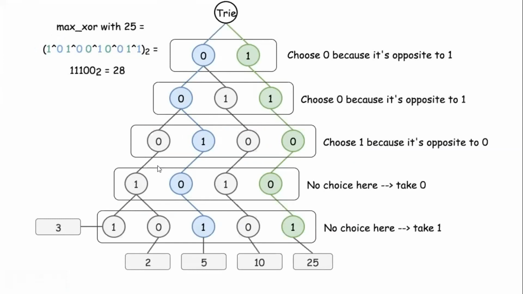So what I understood is that the depth is always 31, in this case 32. But at any level, there can be an element or not, depending on what numbers we want to put into this trie. So at the first level there are 2 children, and at the second level there are only 3.